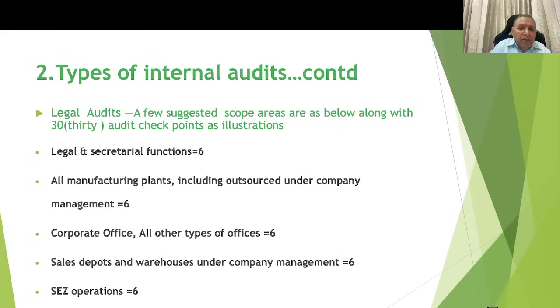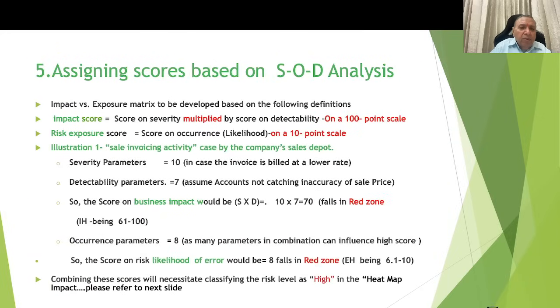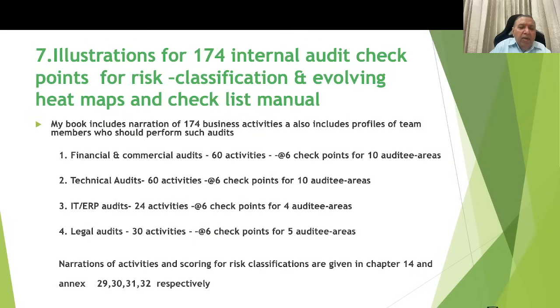These may be related to the Company Law, etc. Then sales depots and warehouses may include aspects related to GST and SEZ operations, which may lead to import and export and documents, etc. Now coming to the illustration, these are based on the 174, and I am not sharing the activities listing. These are included in my book in chapter 14 and annexures 29, 31, 32 respectively.